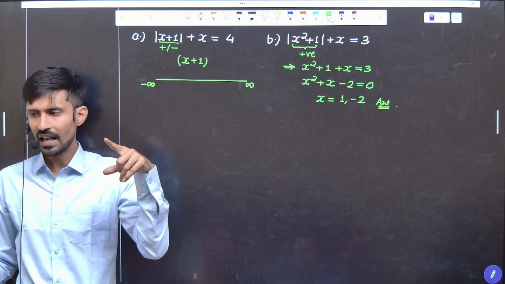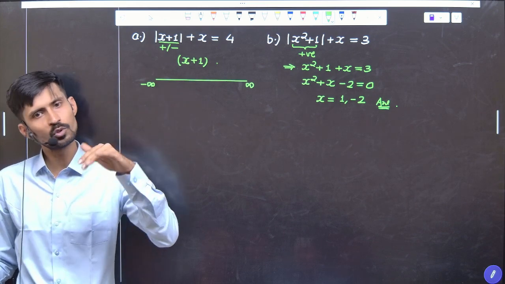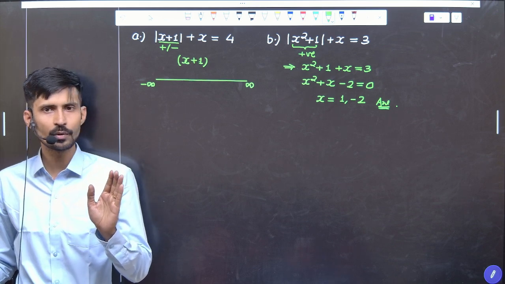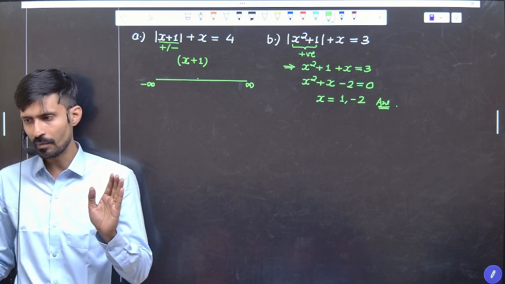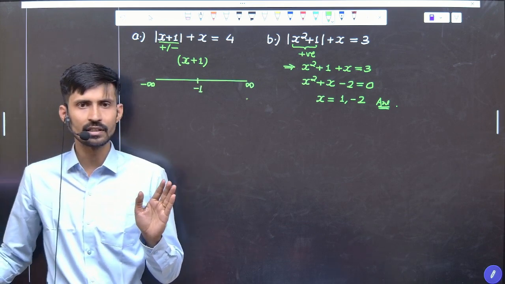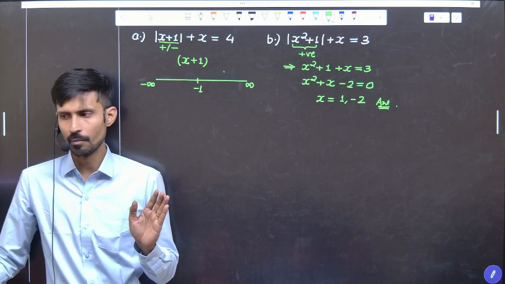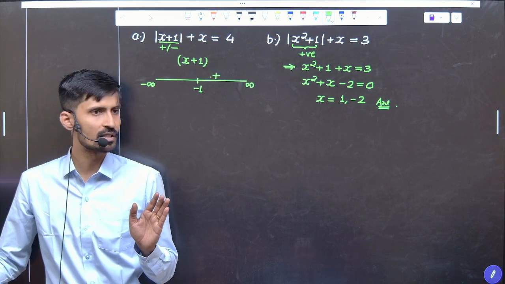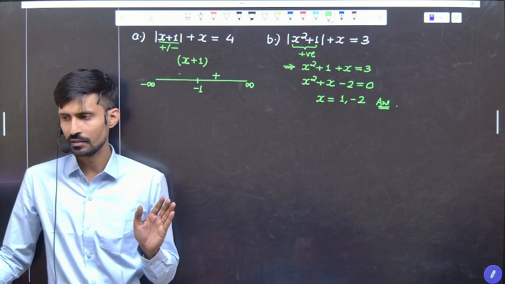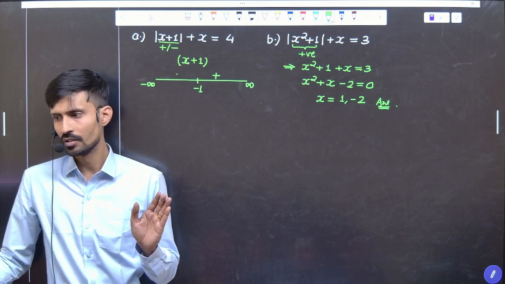I am not writing greater than 0 or less than 0 here, but we have to solve that only. Now tell me the root of this. X plus 1 is equal to 0. What is the root? Minus 1. Put minus 1 here. Now take one number between minus 1 and infinity. 0. Put 0 here. 0 plus 1 is positive. It will be plus sign. Any number between minus infinity and minus 1? Minus 3. Minus 3 plus 1 is negative.